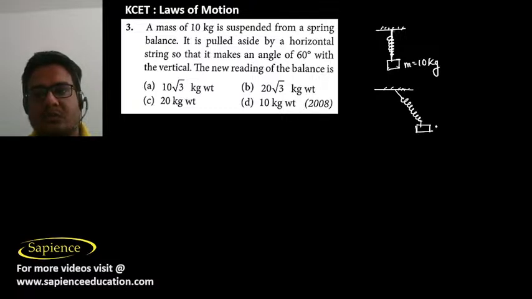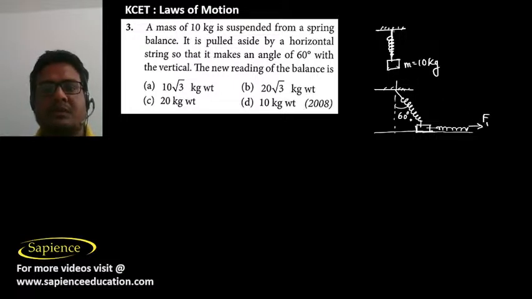It is pulled horizontally, and the string makes an angle of 60 degrees with the vertical when it is pulled aside by a horizontal string with some force F1, suppose.